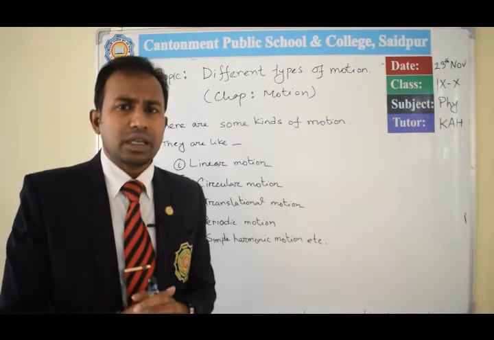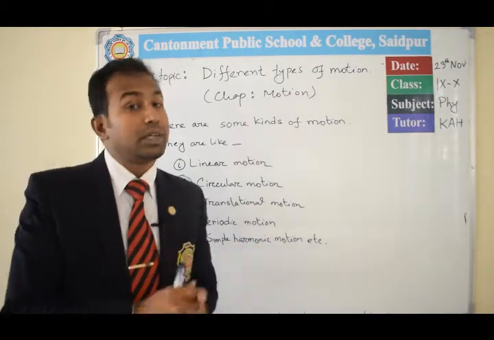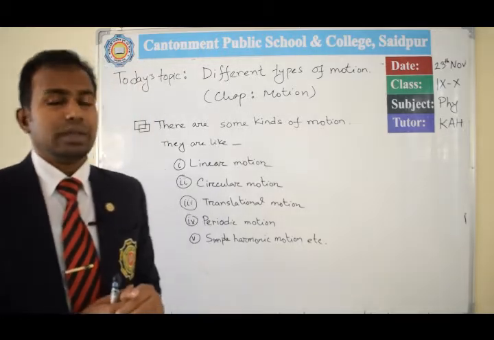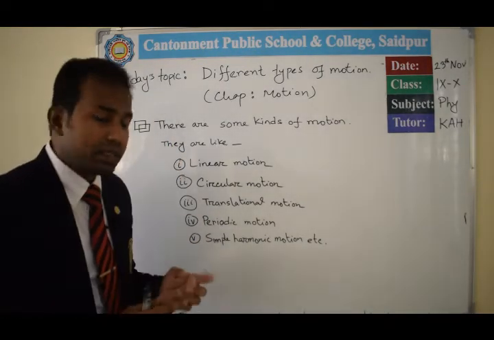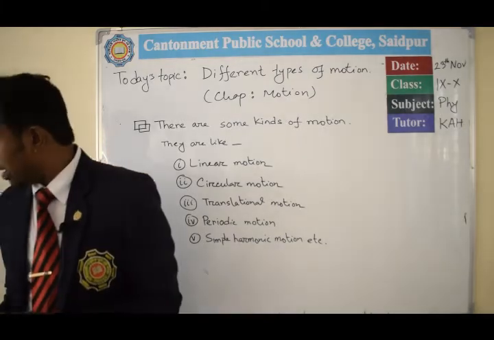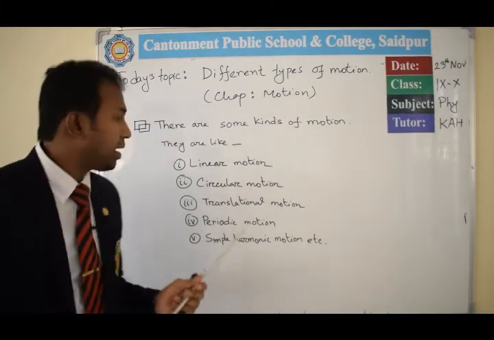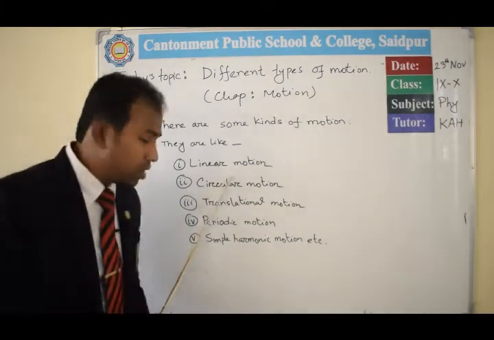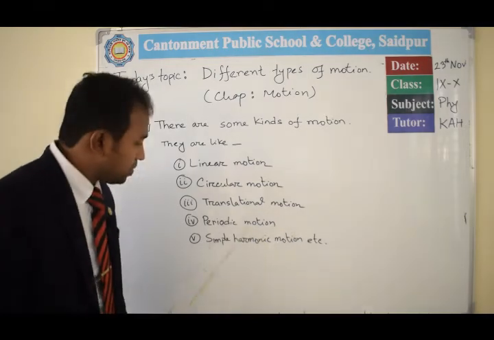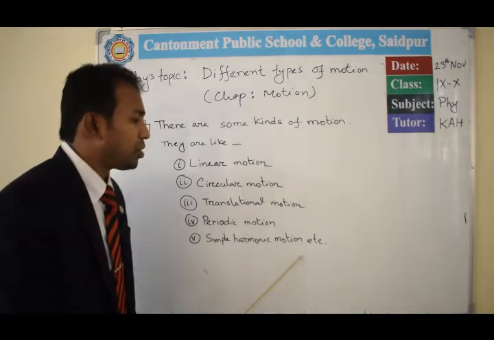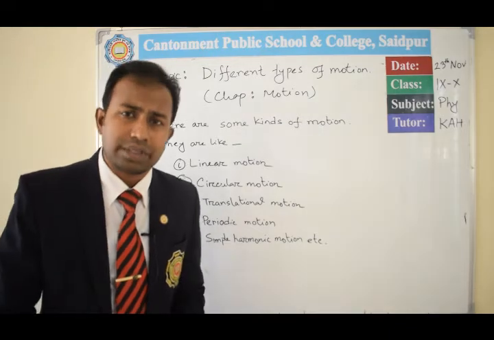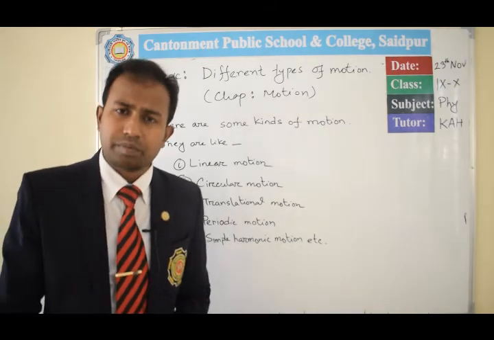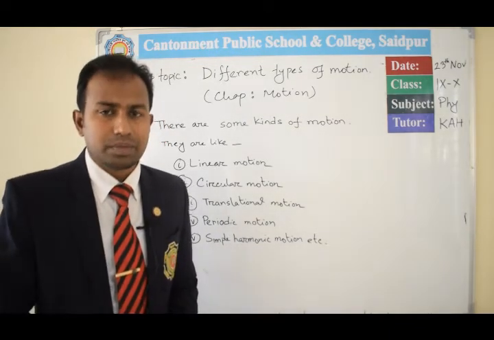First of all, there are some kinds of motion: linear motion, circular motion, translational motion, periodic motion, and simple harmonic motion, etc. There are also motions named vibratory motion and harmonic motion.